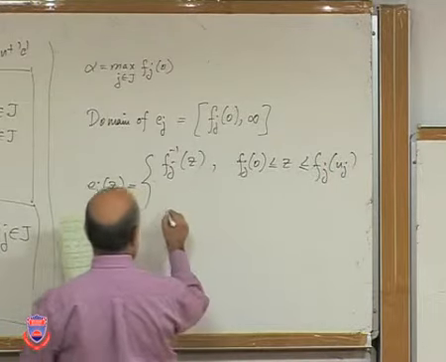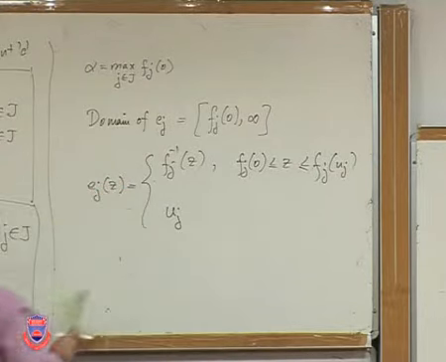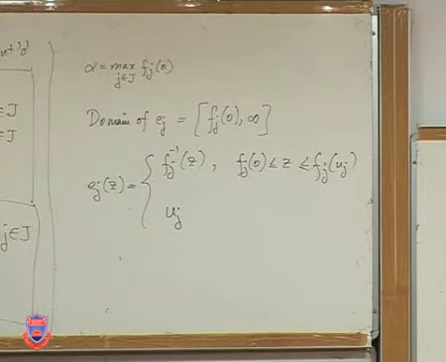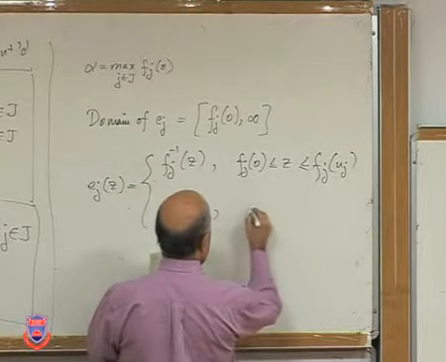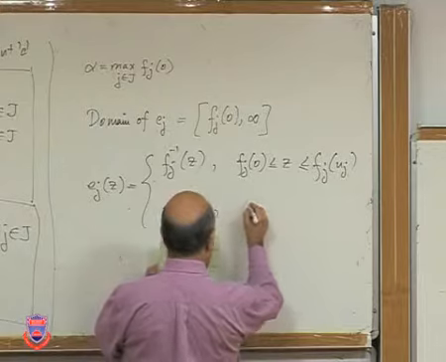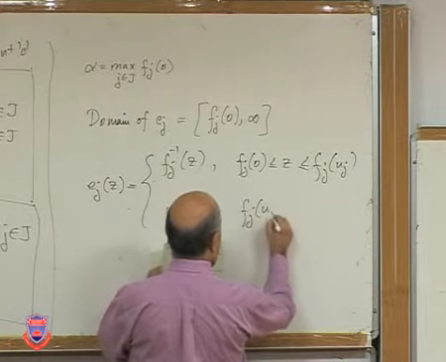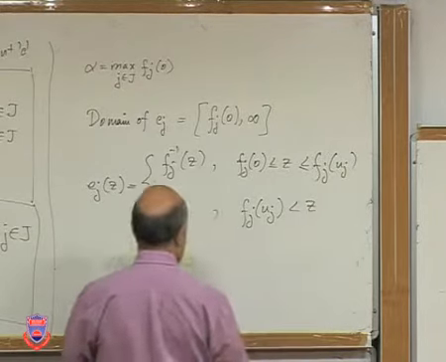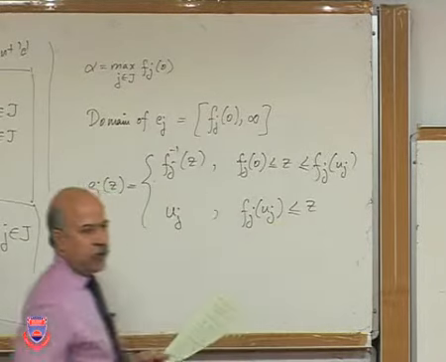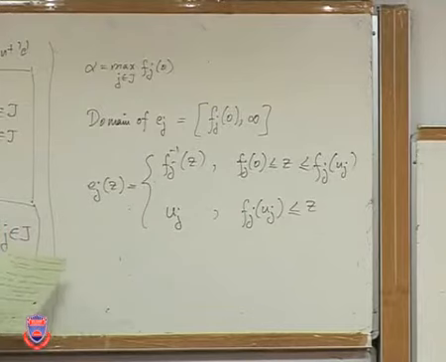And it will be uj, because fj inverse of fj of uj is simply uj. It will be the upper bound uj if z is greater than fj uj. Actually, it also holds at equality as well. Okay.